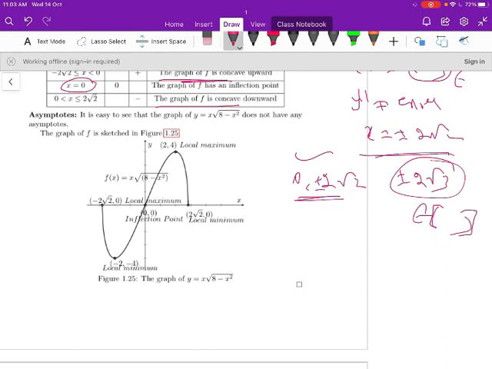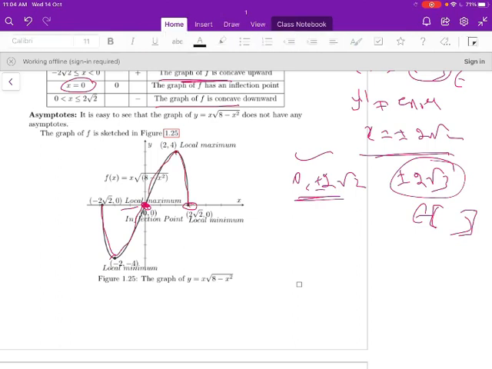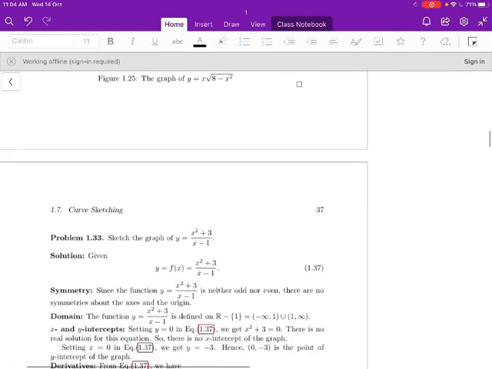Minus 2 root 2 comma 0 is a local maximum value, this is a local minimum value, and 0 comma 0 is a local minimum value, minus 2 comma minus 4 is the local minimum value, and 2 comma 4 is a local maximum value. So 0 comma 0 is the point of inflection. This changes concavity from concave upward to concave downward. Roughly we can draw the figure on the basis of the results.